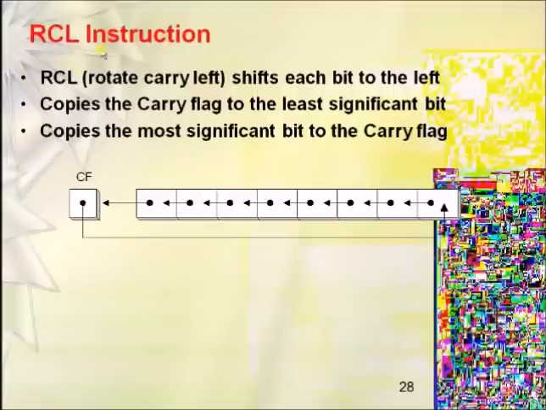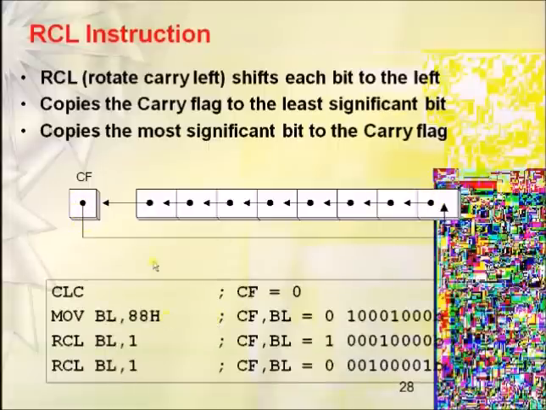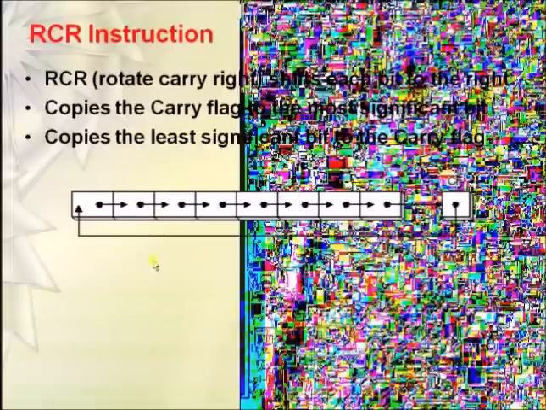Now rotate left through carry performs a similar shift operation, but this MSB will be moved into the carry flag, and the content of this carry flag will be moved onto the LSB. Now rotate right through carry does the same: this LSB will be moved into the carry flag, and the carry flag content gets moved into the MSB.